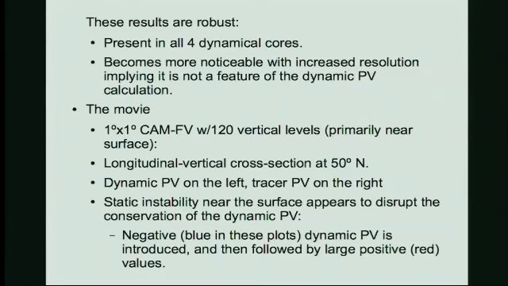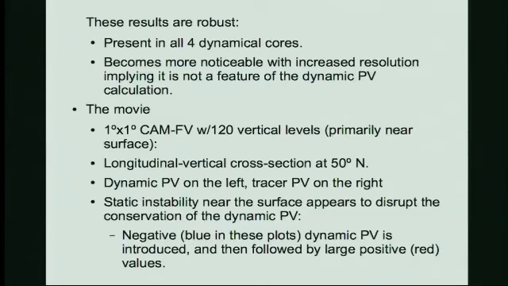Like I said, it happens for all four of the dynamical cores. And it's not just because I was looking at extremely coarse resolution. I've run this for higher resolutions for a couple of the dynamical cores. I haven't thoroughly investigated all four of them at higher resolutions, but for the ones I have, it's even more noticeable at high resolution. So it's not necessarily a question of resolving things adequately.